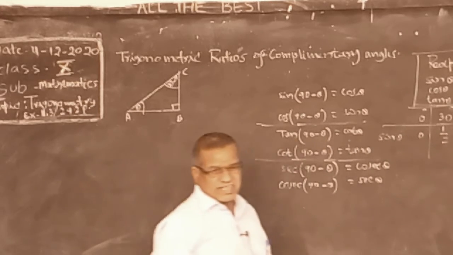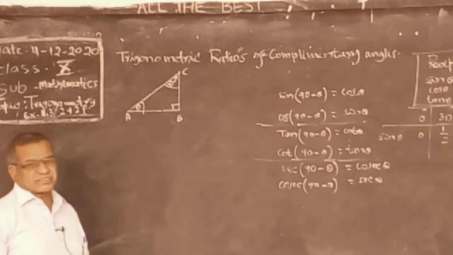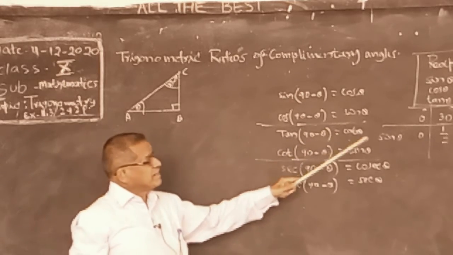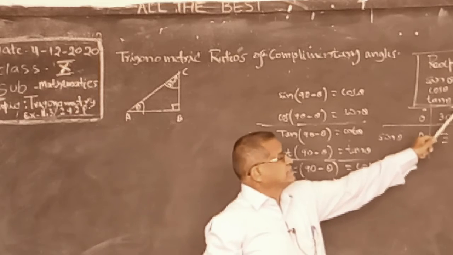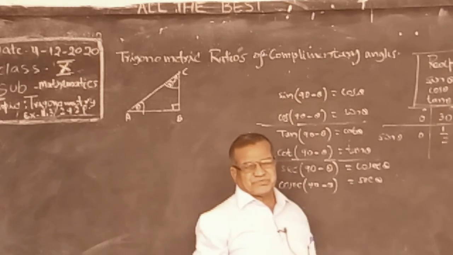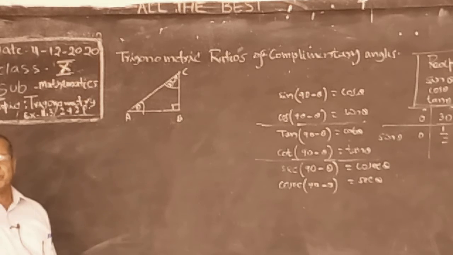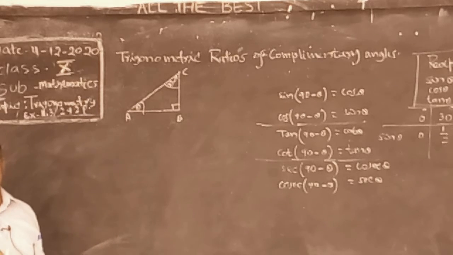Complementary co-angles: sin, cos, sin. But their reciprocals are different: sin, cosec, cos, sec. They are a confusion. Sec 90 minus theta, immediately we have to say cosec theta. Cosec 90 minus theta, sec theta.